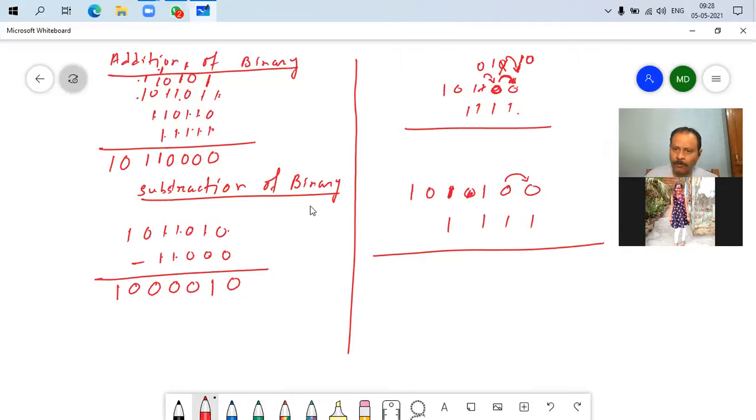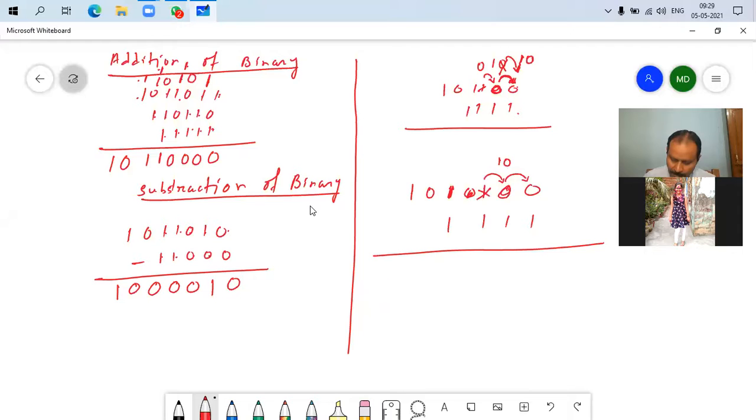And when we try to borrow, we can observe there is a 0. So nothing was going to be available from here. Now what we do, we need to borrow from here. When we borrow 1 from here, its value will be 10 and this will become 0.